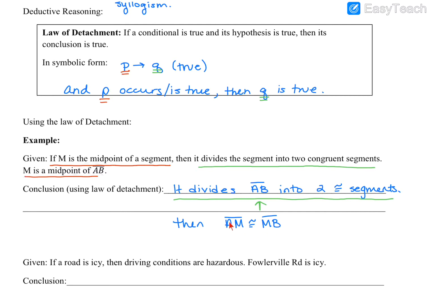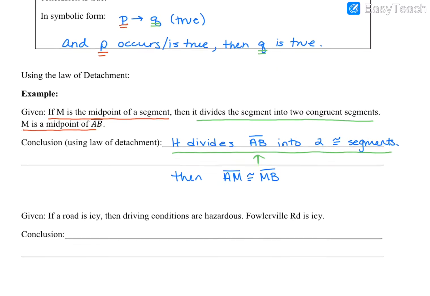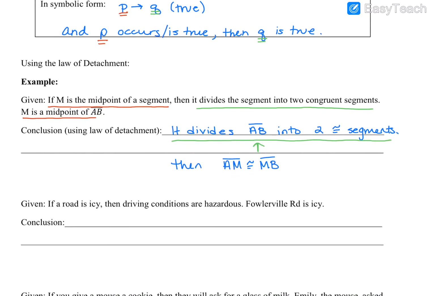So you could just tell me what two segments are congruent. So either of these options, you could say it as a sentence like this, or you could specifically tell me what has become congruent. Either of those are options, but we're detaching it from this generic statement, and we're giving it a specific meaning.